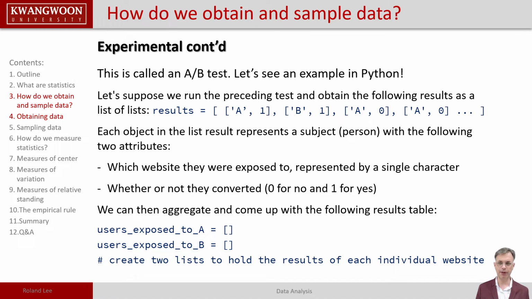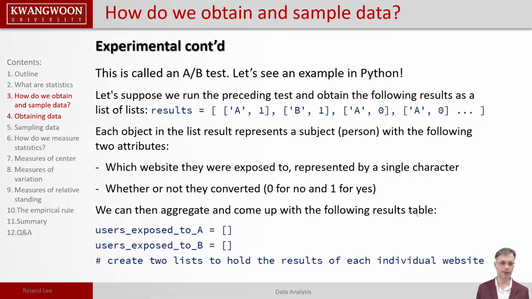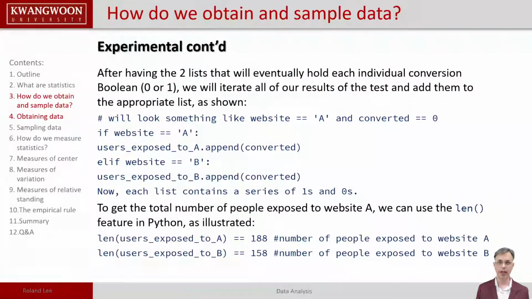So for website, converted in results, iterate through the results. If website is A, user exposed to A, append converted; if website is B, user exposed to B, append converted only.